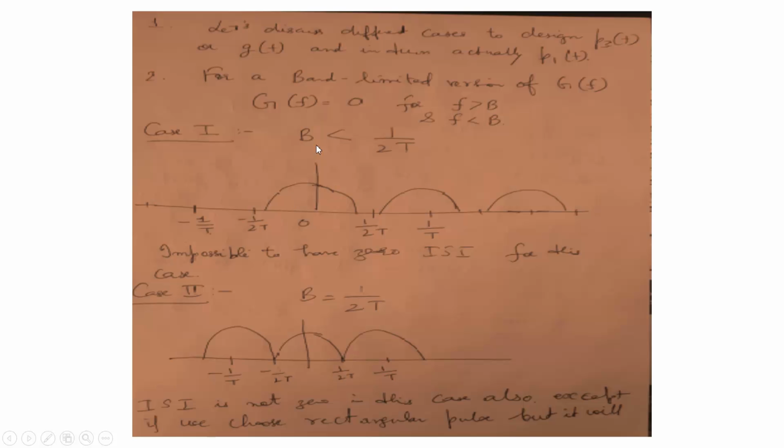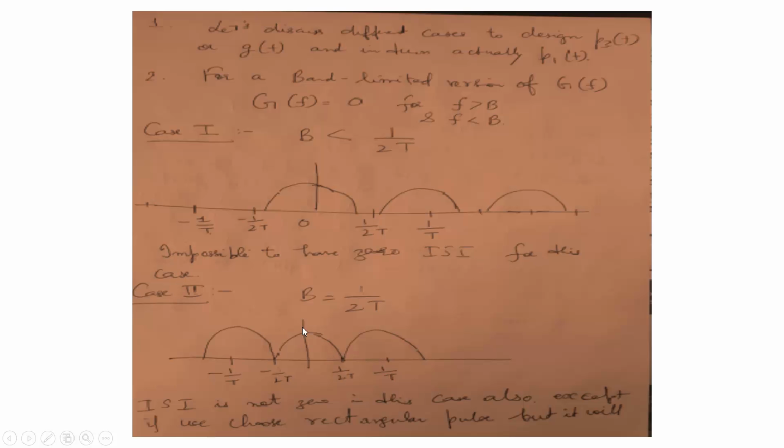Now when the bandwidth is less than 1 by 2T, the expression goes like this, right? That means the spectra of the pulse are not overlapping, and at certain points the sum is not going to a constant value or 1. It is impossible to have 0 ISI in this case.